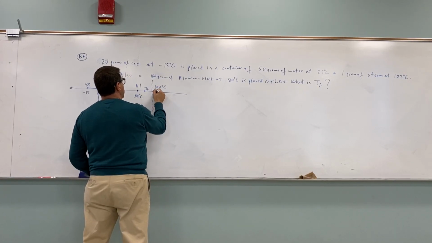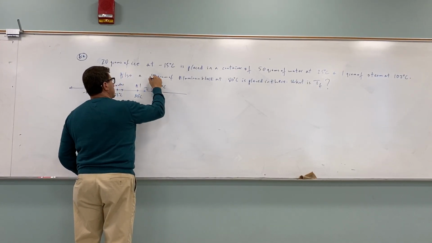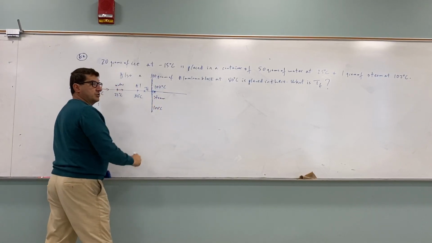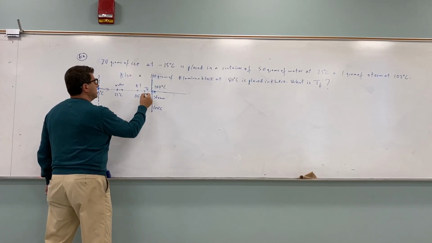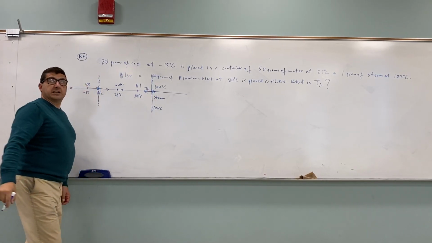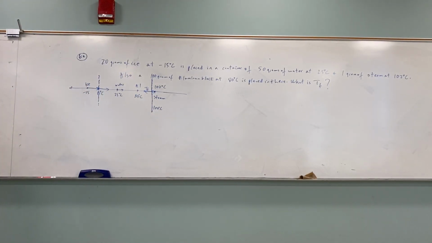So you have to bring steam down, condense it all to liquid water, and then bring it down. That's hard to do, which is why when you put your hand in steam, you get a really huge burn. Cooling steam to liquid water releases 539 calories per gram.